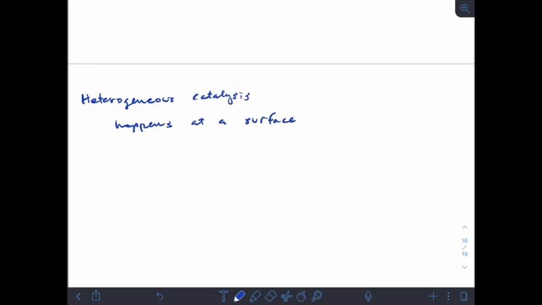Okay, so there are 4 key parts to the way heterogeneous catalysis works. Steps, if you will. So step 1, we have adsorption of reactants.